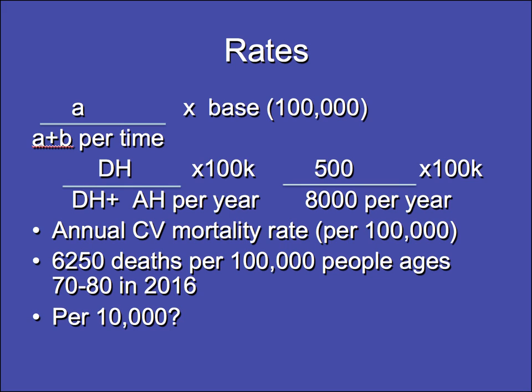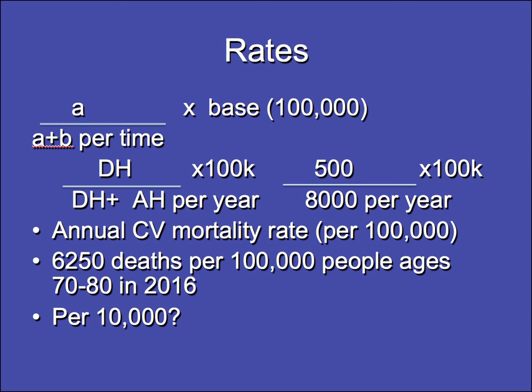So let's say we did a survey and we saw that in 1 year 500 patients died with heart disease versus 7,500 did not. So if we add those together on the bottom, we get 8,000.